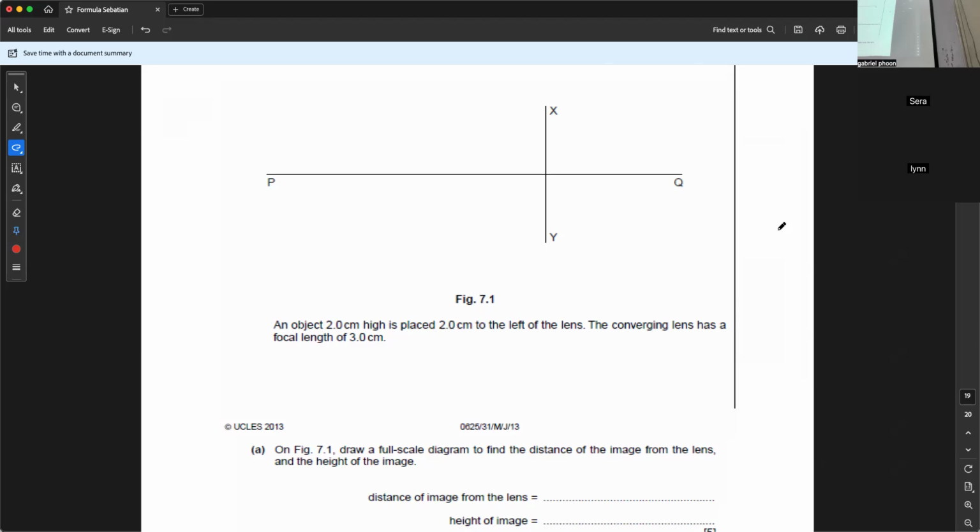There's no point in the question. What is the next question? After that, the height of the image. It's a magnifying glass. Yes, my friend.